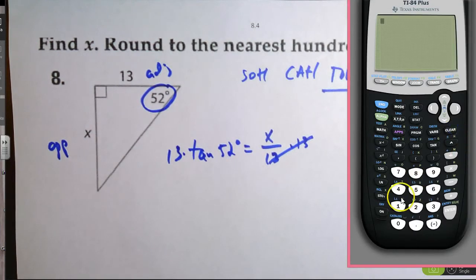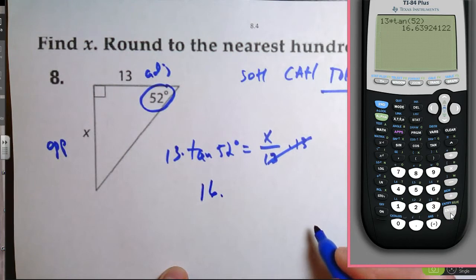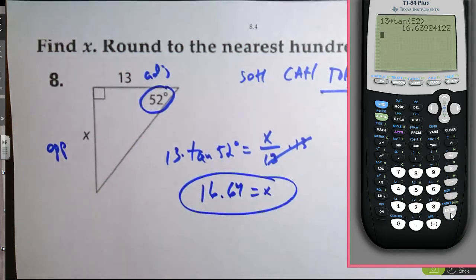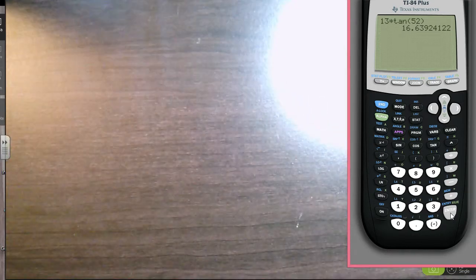Again, make sure your mode is in degrees. If it's a scientific calculator, it should be. If it's a graphing calculator, it won't necessarily be, especially if it's never been used before. So to the nearest hundredth, that gives us 16.64.